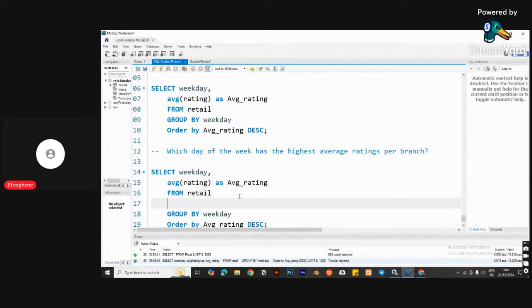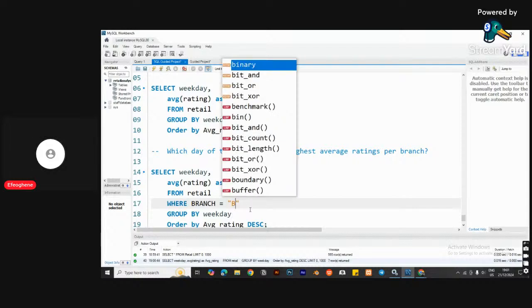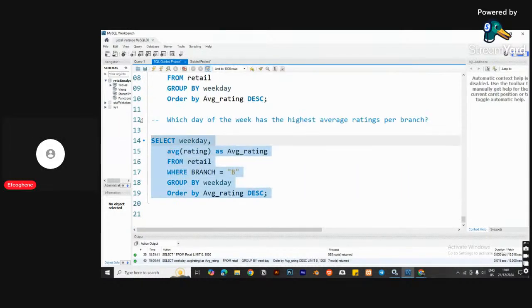You can say where branch is equal to branch B. We've not used branch B. Let's see what's happening in branch B. Per weekday, I see, by weekday. Exactly. So I believe we can still. Okay, Glory, thank you.